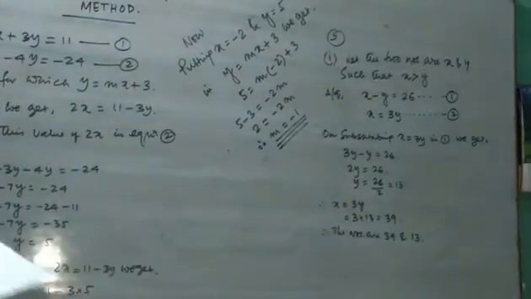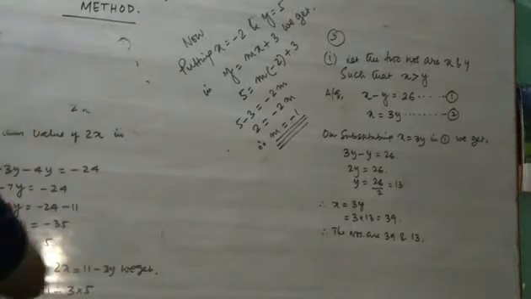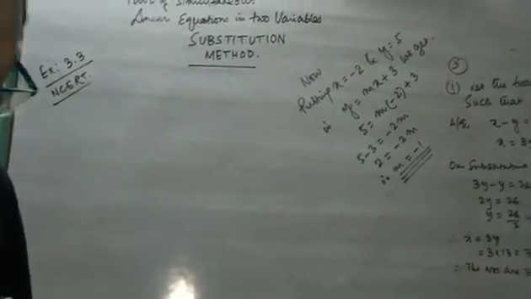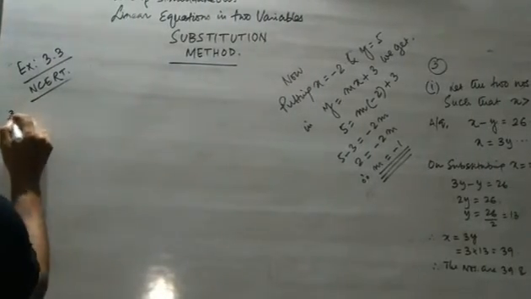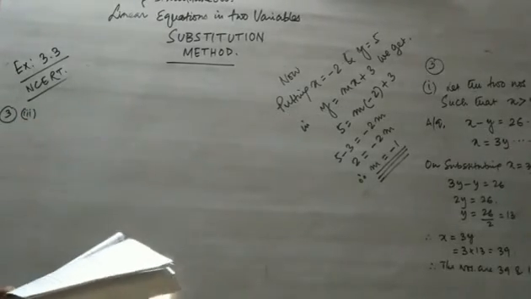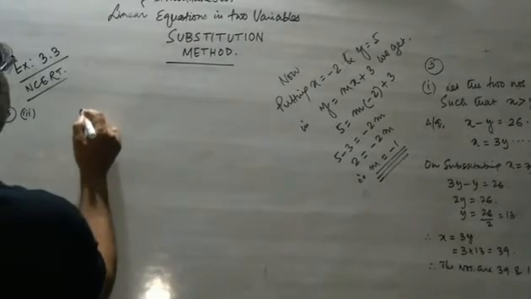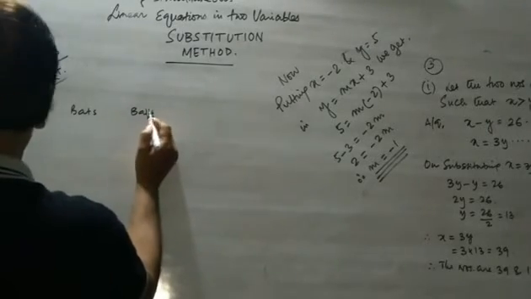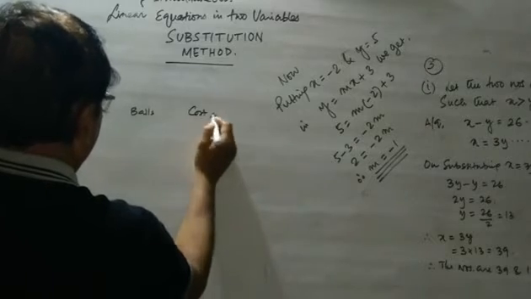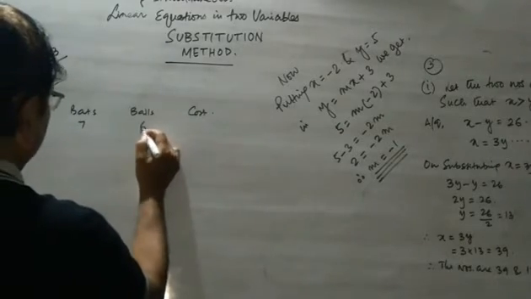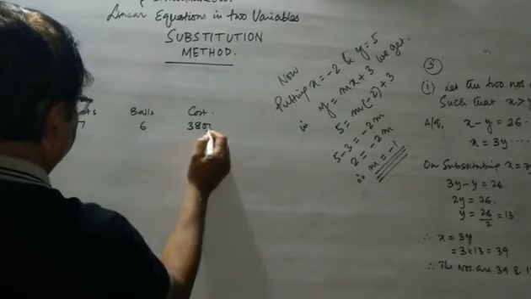Now question number 3 of 3. A coach of a cricket team buys 7 bats and 6 balls for rupees 3,800.